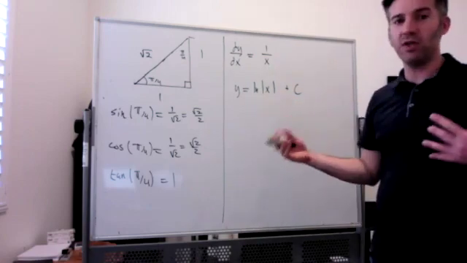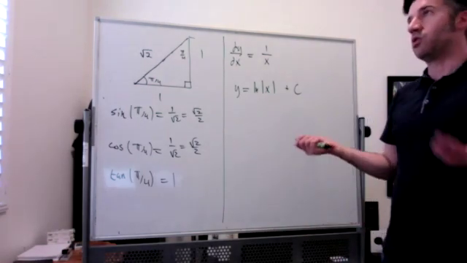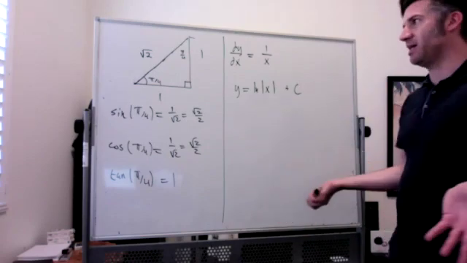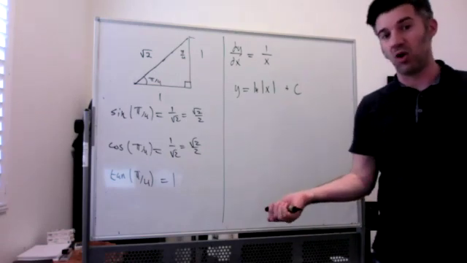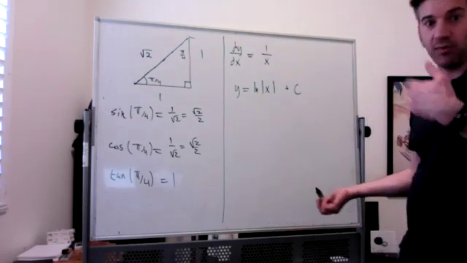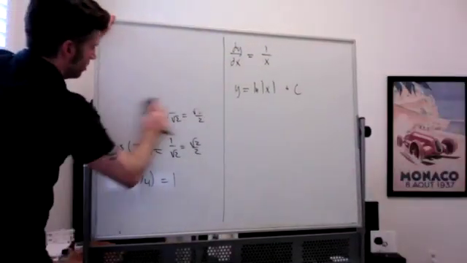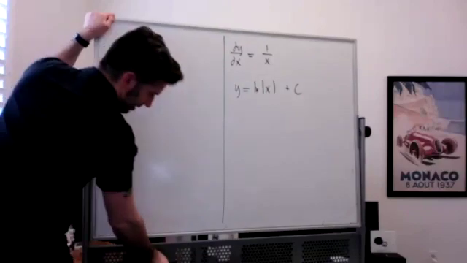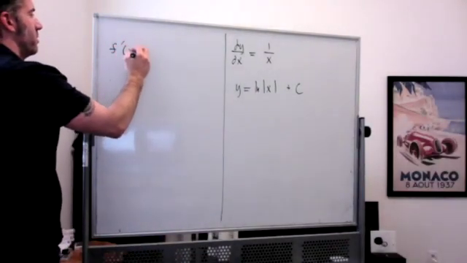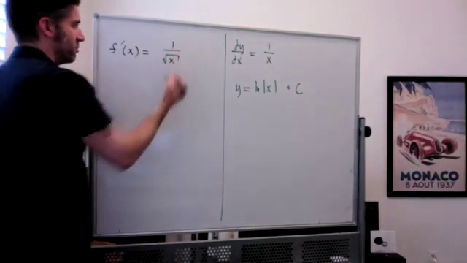So functions and their antiderivatives can and do have different domains. Usually what is also true is that the antiderivative often has a larger or equal domain. An example she gave in class, which I'm going to kind of say backwards, is what if our derivative was 1 over the square root of x?